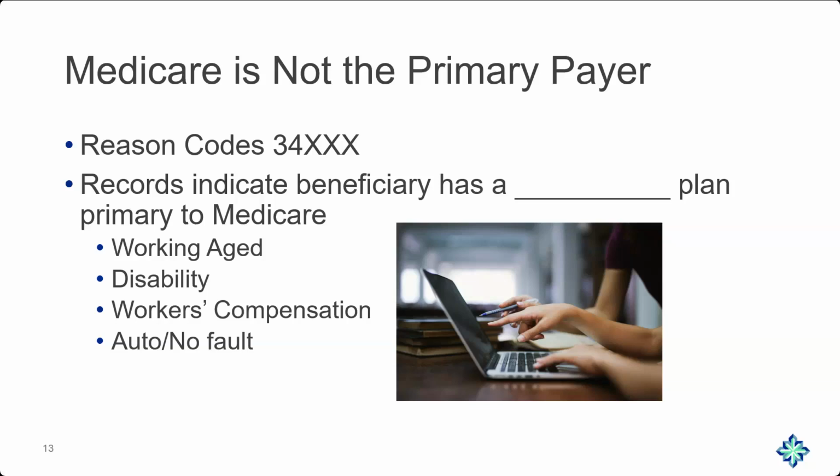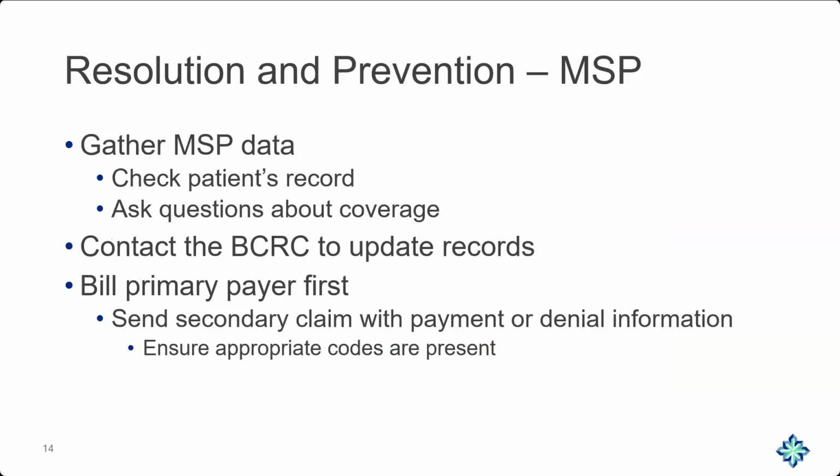Now, depending on what type of insurance it is, really doesn't matter because the steps that you're going to take to investigate and correct it will be very similar. So if you get a reject concerning other coverage, double check the beneficiary's master record. As a Part A provider, you are required to check eligibility or ask the patient or their representative questions about other coverage.